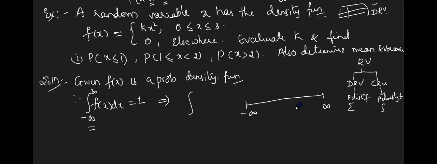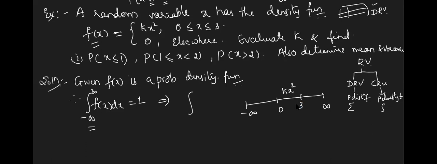Now, come back to the function. How is the function defined? It is kx square for 0 to 3. So 0 is somewhere here and 3 is somewhere here. Between 0 to 3 the function is kx square, and 0 elsewhere.